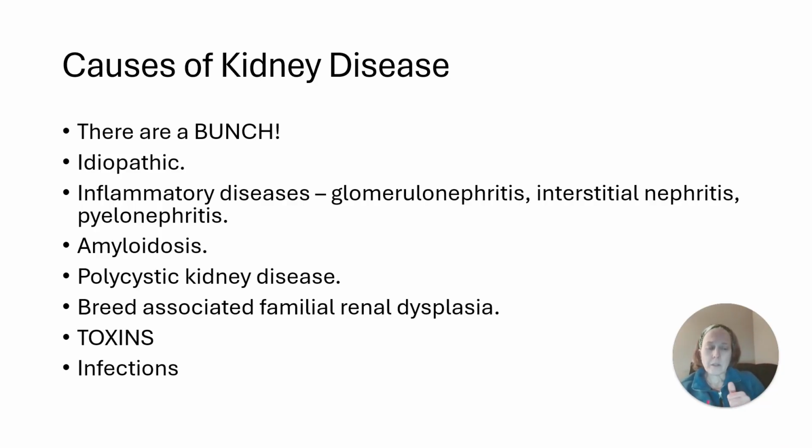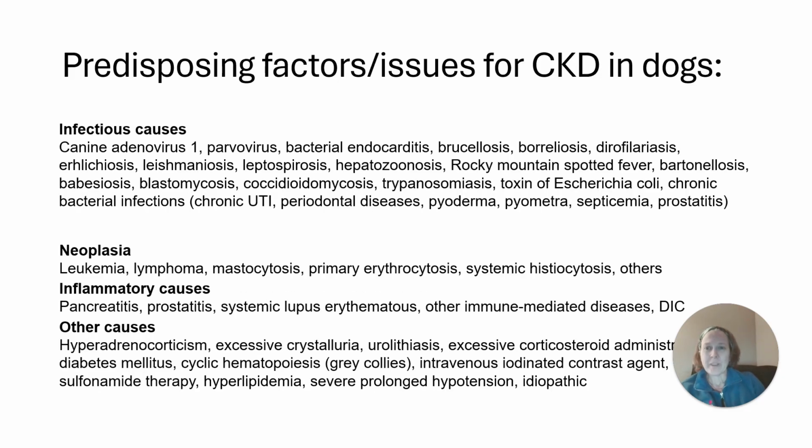There are a boatload of infections that can cause kidney disease. Lyme disease, like we've talked about, leptospirosis that we've talked about. Also a lot of toxins, and I have multiple lectures for you guys on toxins next semester in clinical pathology. Here's the list of predisposing factors. So here are all different types of infections that can cause or lead to chronic kidney disease in dogs.